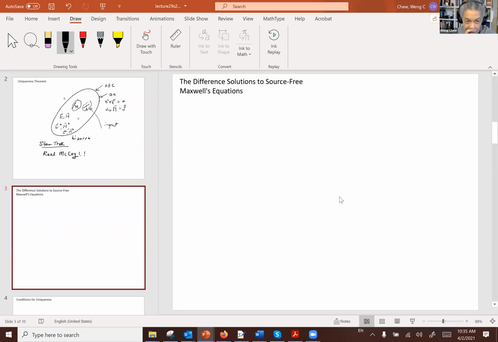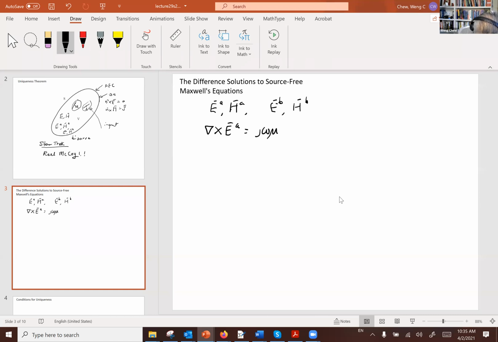So we assume that there are two possible solutions, E_A, H_A, and then you have another possibility, E_B, H_B. Both of them are solutions to the Maxwell's equations that you're solving. If I were to write them down formally, then curl of E_A should be equal to -j omega mu dot H_A.